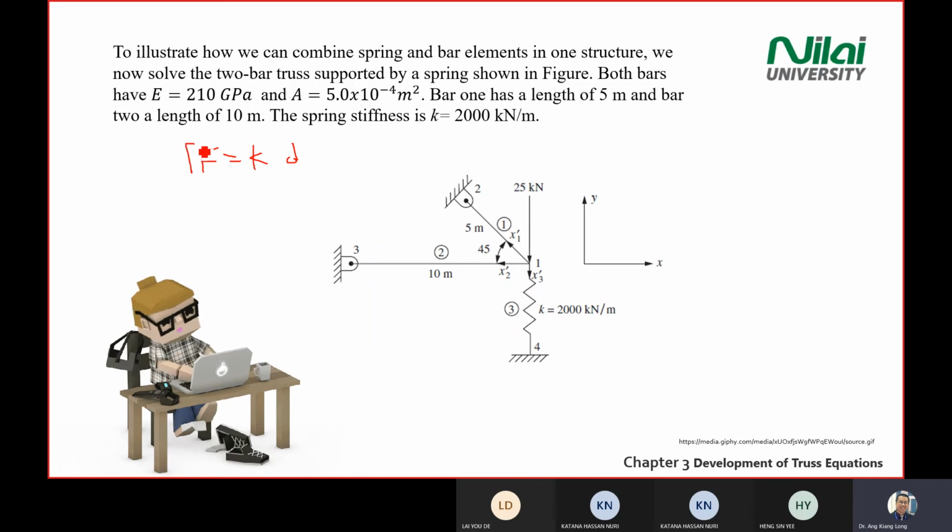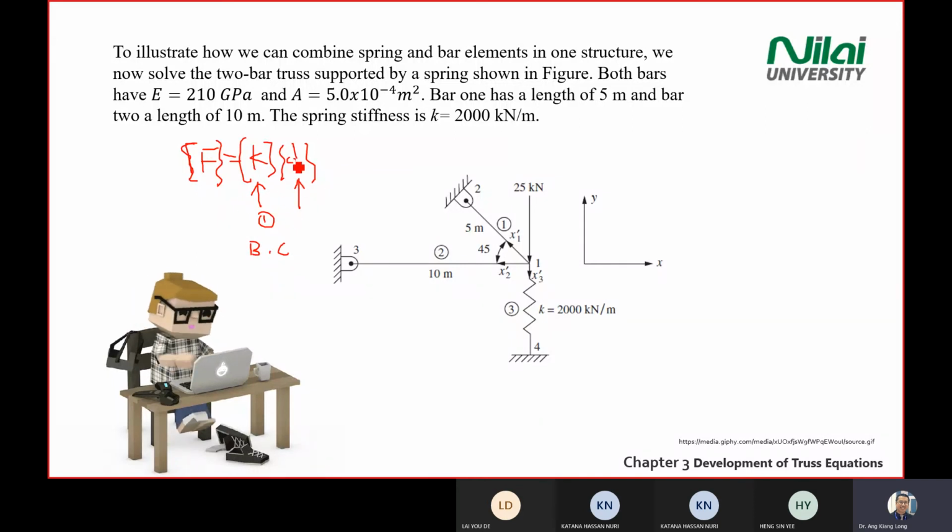F equal to KD, curly, square bracket and curly. So here, you know that you need to find force, stiffness matrix, and displacement. The general step is you start with the stiffness matrix, followed by finding displacement. Before displacement, you apply boundary conditions to the equation here. Then you solve for displacement. Then you solve for force. So it's quite direct.